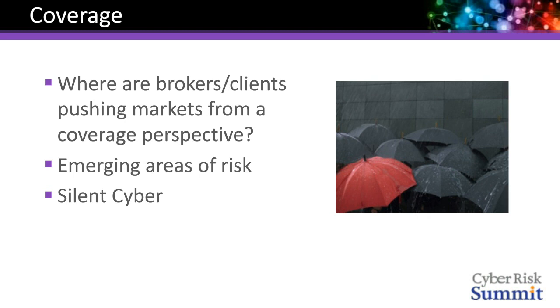Yeah, if I could jump in with some observations from a market standpoint, not from any particular individual carrier standpoint, but looking at the market, I think the dynamic is that if somebody's willing to throw in dependent business interruption at no charge, they tend to win the account. And for a long time, carriers were doing that in order to win the account.